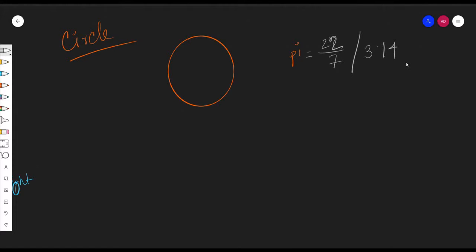Now the circumference of a circle is pi into diameter.